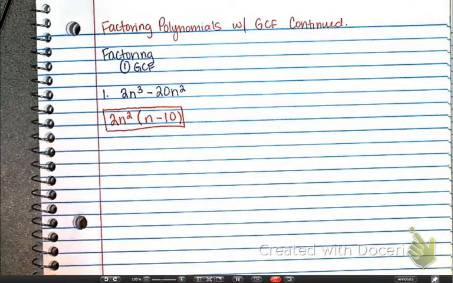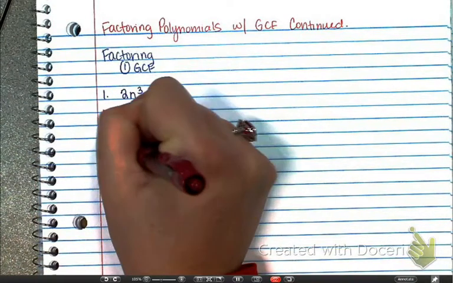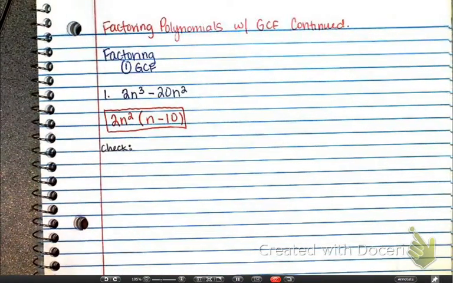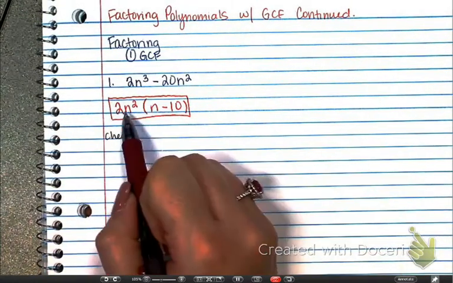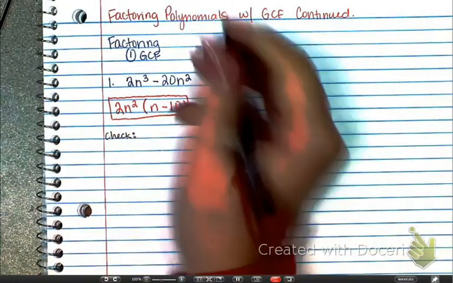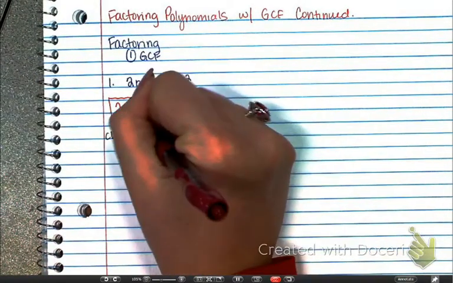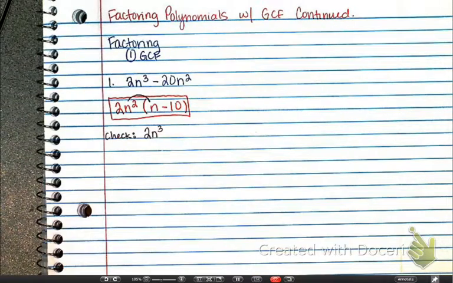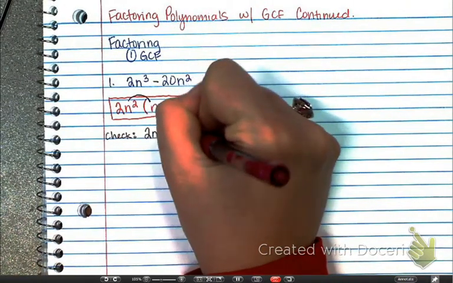So let's just, for fun, distribute this back in. So I'm going to just check my work. And I'm not going to require you to do this. Some of you, I think it might be beneficial, especially if you're having a hard time identifying the GCF. But if I distribute this back through, 2n squared times n is 2n to the third. 2n squared times negative 10 is negative 20n squared.